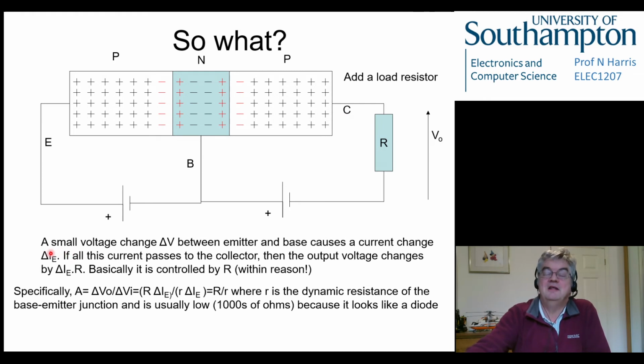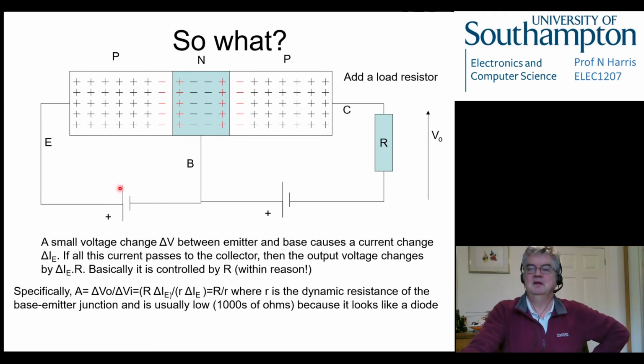A thought experiment. A small voltage change, delta V, between the emitter and the base, so between here and here, so a small change in this voltage here, causes a current change in the emitter in here. So if we change this voltage here, we would expect this current to change because we've given them a bit more energy and they can get up this hill or not.